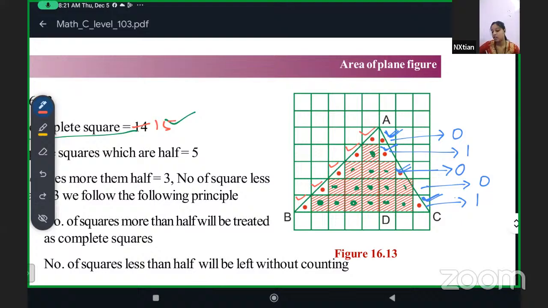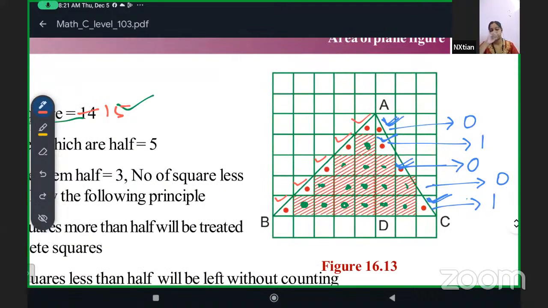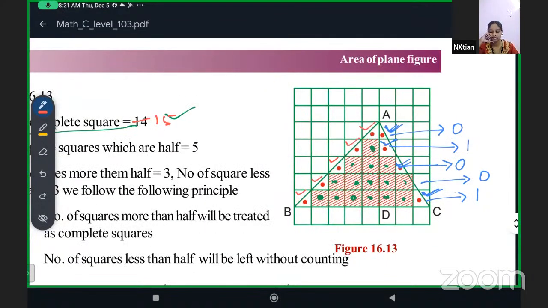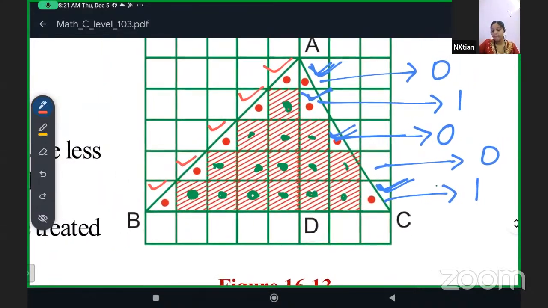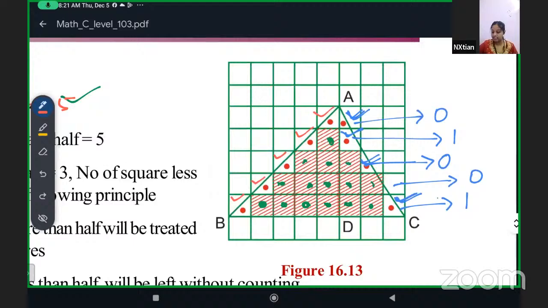Ma'am, you didn't make a mistake in counting. Edric's counting, I think, is for all the shaded squares. But one square, you can see that it's a little out of the triangle line. That's why maybe they said 14. The square on the right-hand side is a little out. Yes, Abraham, I can see.